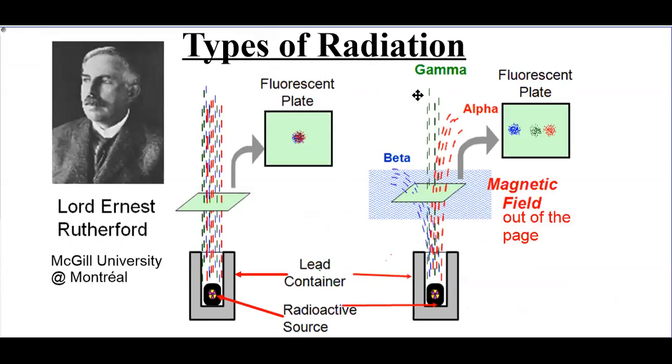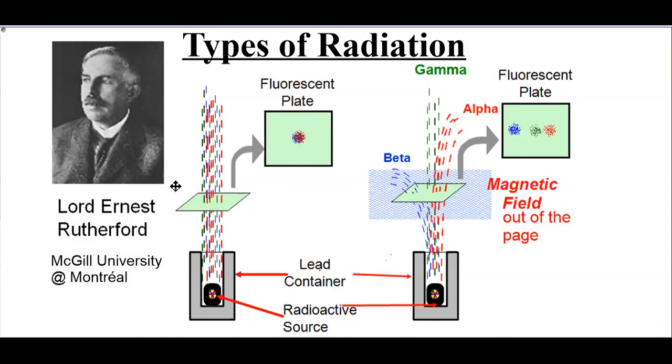The 3 different types of radiation were figured out by Lord Ernest Rutherford over in Montreal. So he basically just took a container of radioactive source. I believe it was cesium. I actually can't remember this exact moment because my brain is dead.